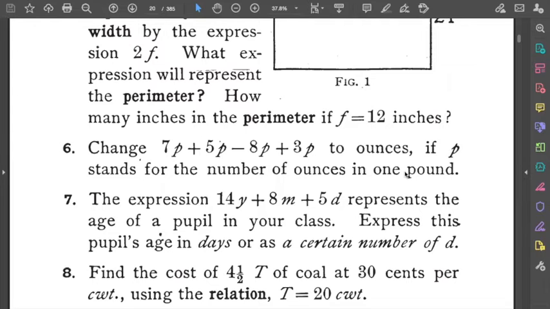Change this into ounces and let's see. If p stands for the number of ounces in 1 pound, so you are using 0.0625. Good. So 7 into bracket 0.0625, 5 into bracket. You have quite a lot of decimal multiplications to do. Okay.